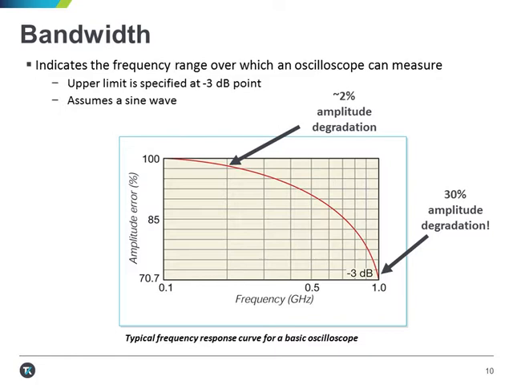You can tell that this is important because I've made it red and put an exclamation point after it. You also notice that at 1/5 of the bandwidth spec, the response is pretty flat, and the error due to roll-off is relatively small at around 2%. Pay attention to this last point because it's going to come up again when we talk about the first rule of 5.